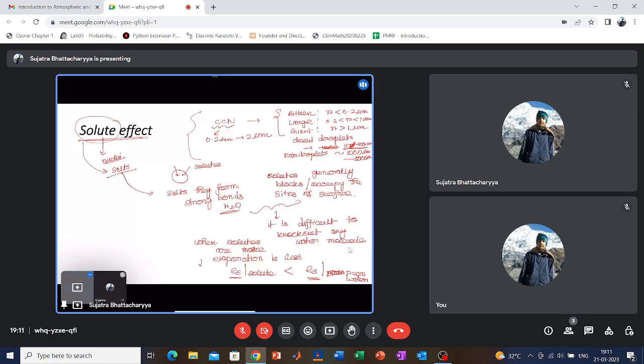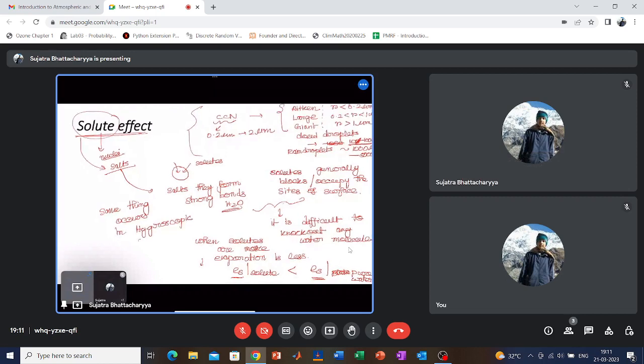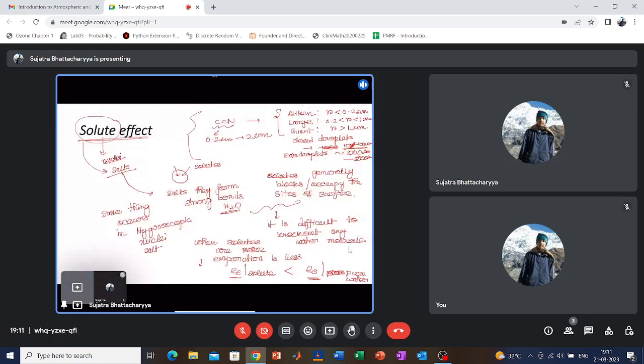The same thing occurs in hygroscopic nuclei, and these hygroscopic nuclei are nothing but salts or sea salts. These bind well. Okay, so this is the concept of the solute effect.